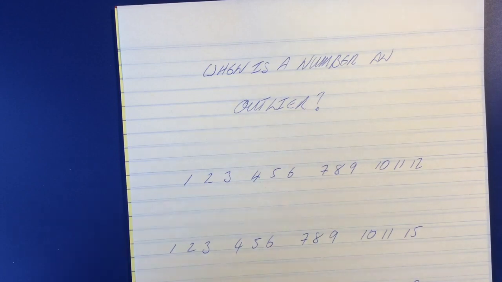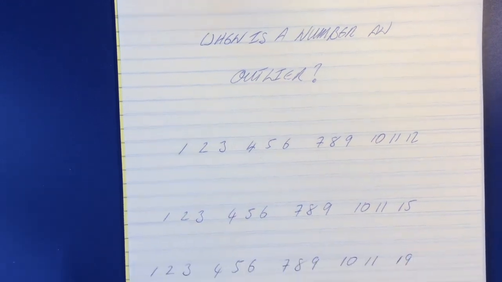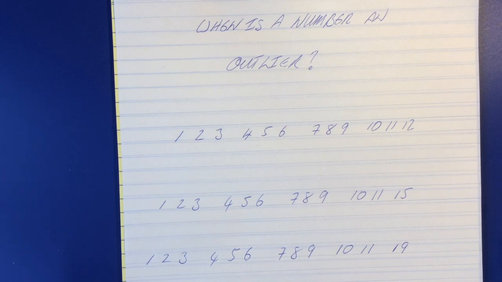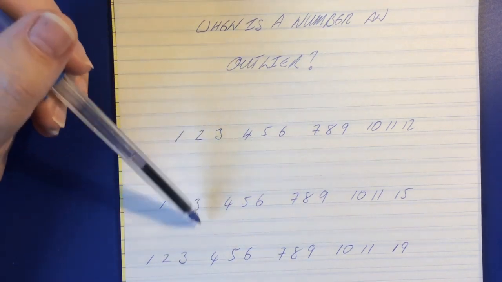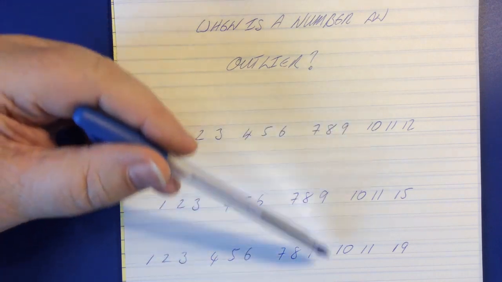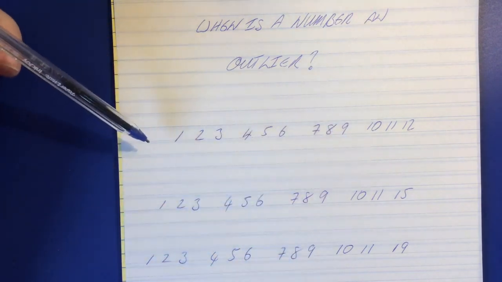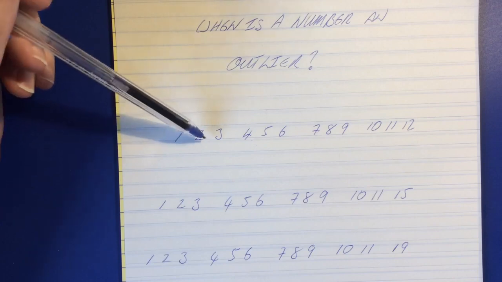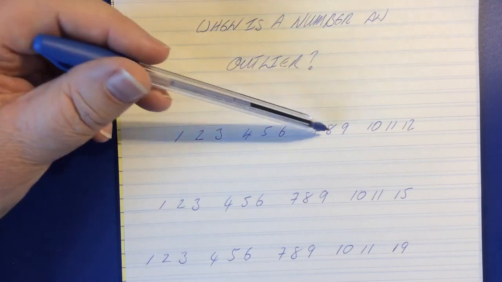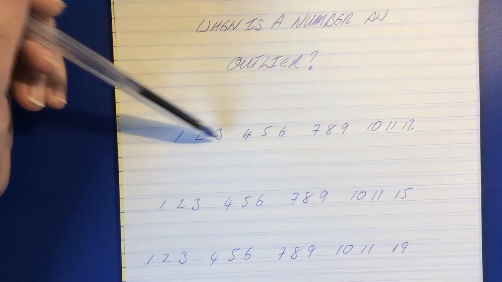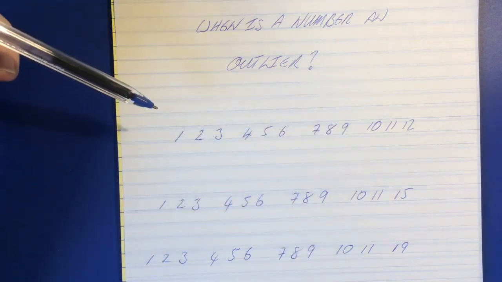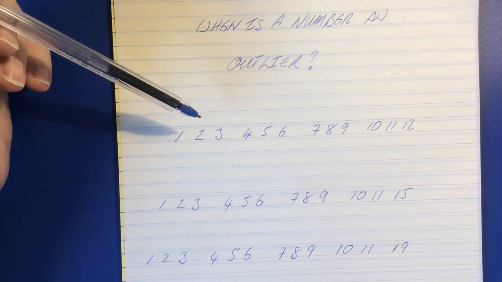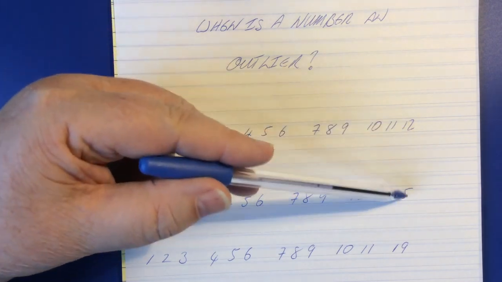But if we look at the sets of numbers that we've got here, which I have divided up into quartiles, as in I've taken a quarter of each set and separated them, you'll see why in a minute. Everything's the same except the last number.